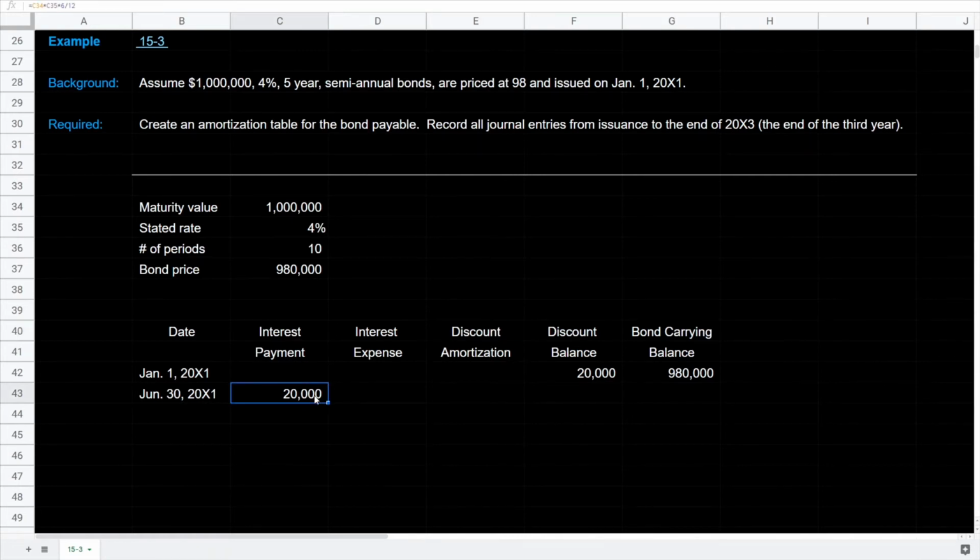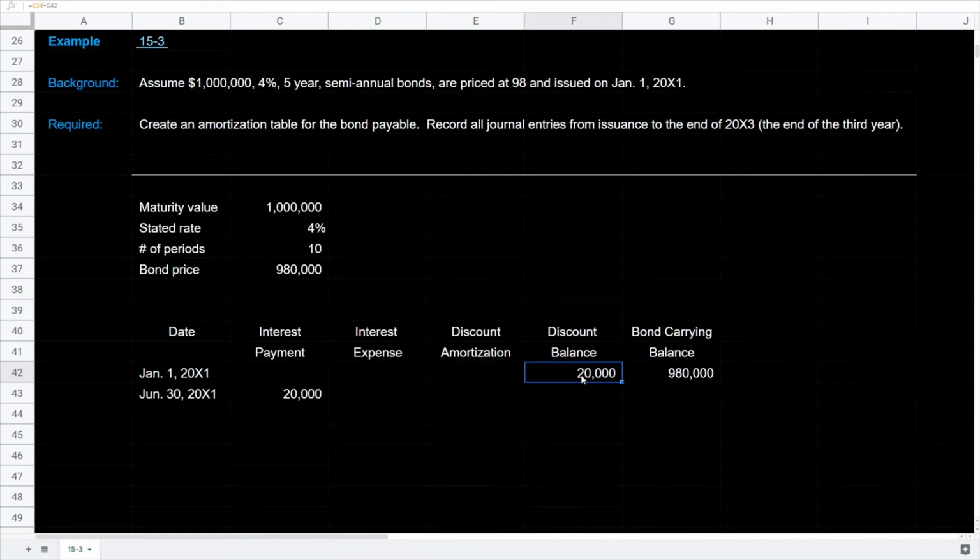In this example, we will use the straight line method to amortize the discount. The discount balance is $20,000, and we know that we have 10 periods over the life of this bond. This is an additional cost of borrowing that the issuer had to accept in order to sell the bond at all.